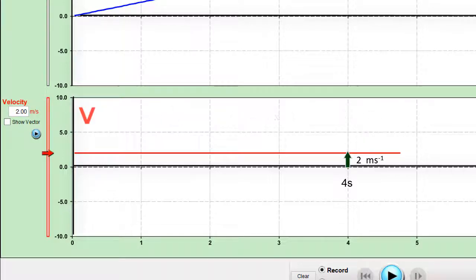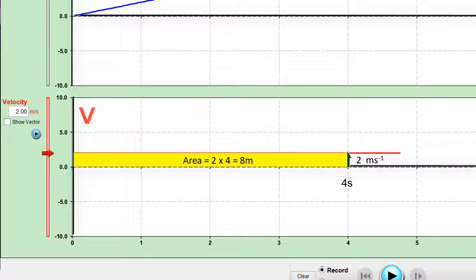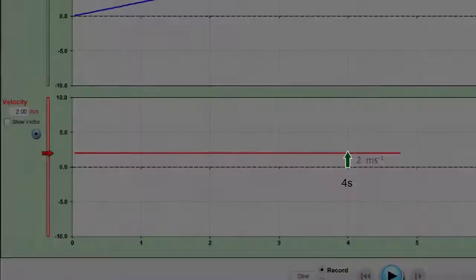But if you look closely, you can see that this value is also equal to this area under the red graph. And although this is a very simple graph, this is true of all velocity time graphs, no matter how complicated the shape. The area under a velocity time graph at any given time is always equal to the displacement.